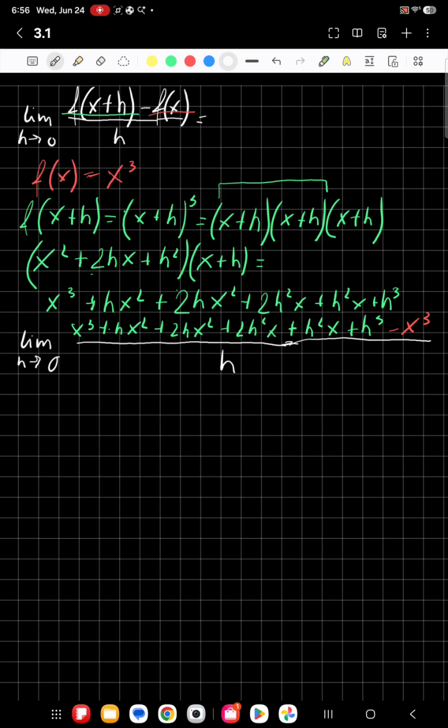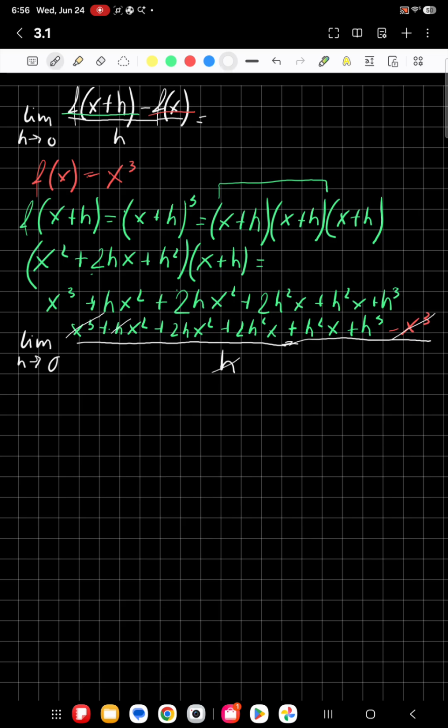All right, so this is a pretty important step, right? So I canceled this and that. Now you see that each term has h, right? So I can cancel also that h. I could factor it out technically and then cancel it, but we can do it without that. So that's going to disappear, right?